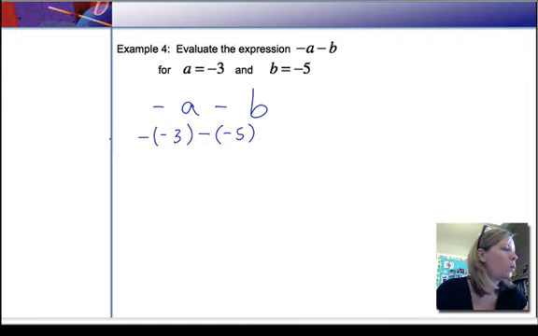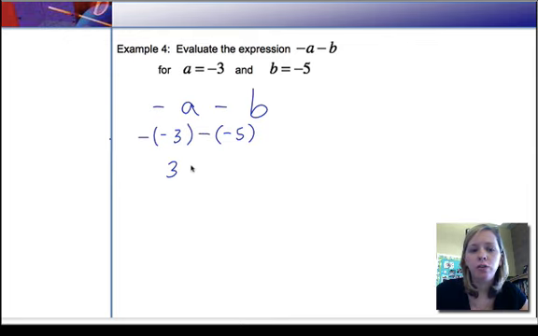Alright, so remember, when we have two negatives together, negatives can mean the opposite. So what's the opposite of negative 3? The opposite of negative 3 is 3. Now since I'm subtracting, let's use the rule to add the opposite.